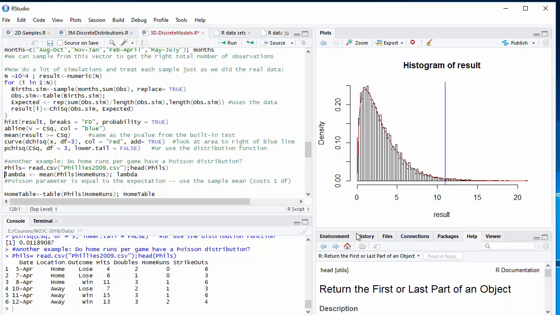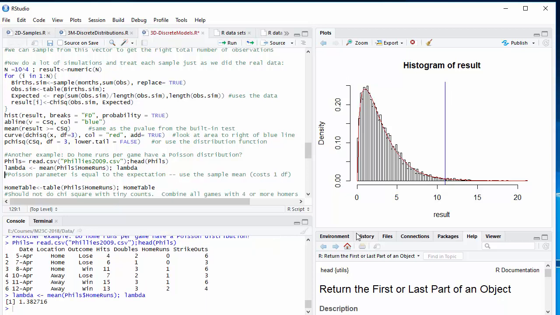And since we know that the expectation of a Poisson distribution is equal to its parameter, what we do is take the mean number of home runs per game and say we're going to model with a Poisson distribution with parameter 1.3827. That means we've estimated one parameter. If we do chi-square, we have to subtract 1 from the number of degrees of freedom.